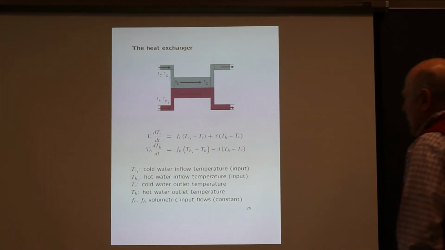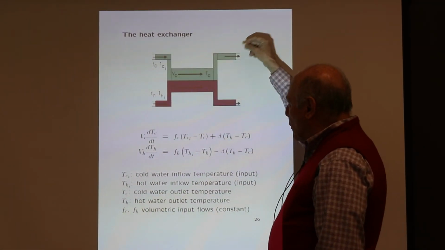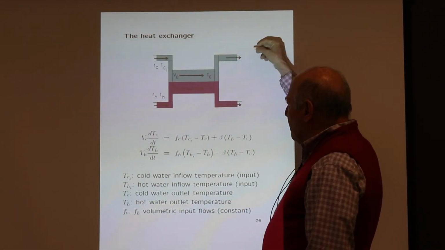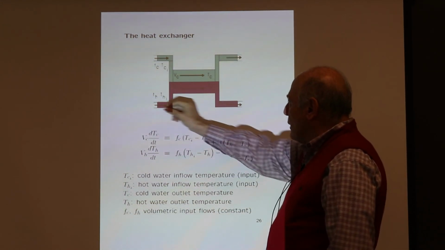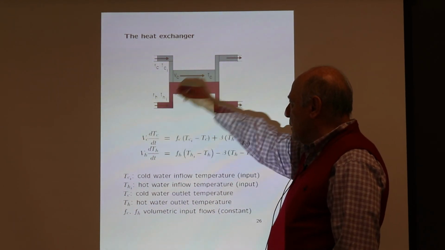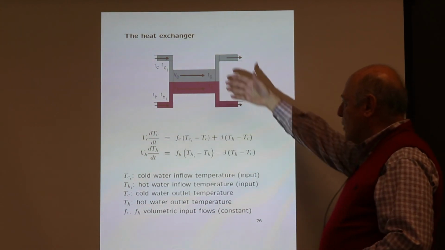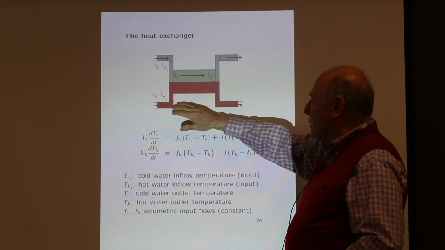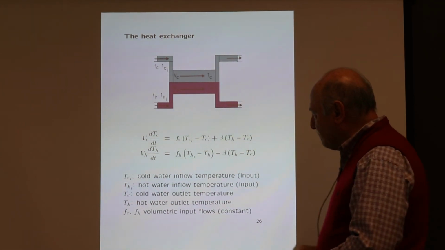You have a heat exchanger, which is very well known to mechanical engineers. You have a fluid with a certain temperature that visits this exchanger, and you have another fluid going probably in the same or the opposite direction, it doesn't matter, that receives heat from the first one, and this interchange of heat will result in a change in temperature in both of the fluids.